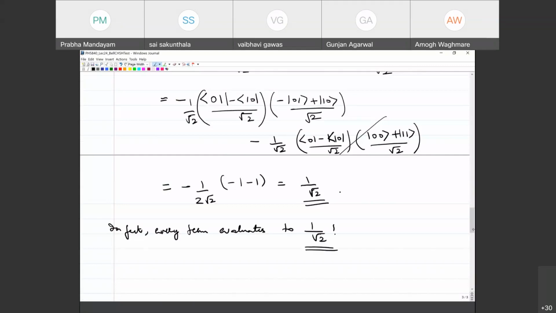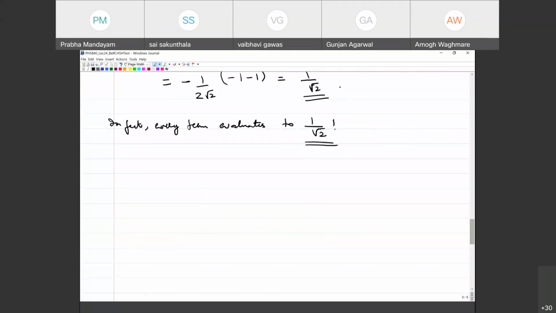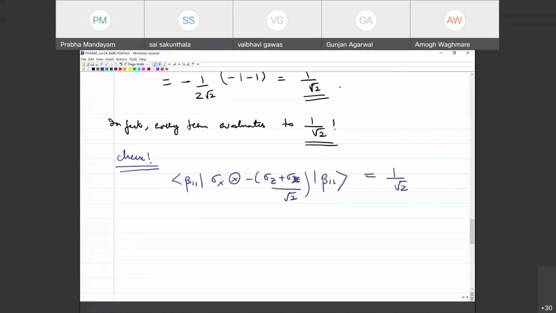Okay, so this is for you guys to check that if I do beta 1,1 sigma X tensor minus of sigma Z plus sigma X by root 2, beta 1,1, this is also 1 over root 2. Okay, and then beta 1,1, I have sigma Z tensor Z minus X. See, it's a set of repeating terms, right?